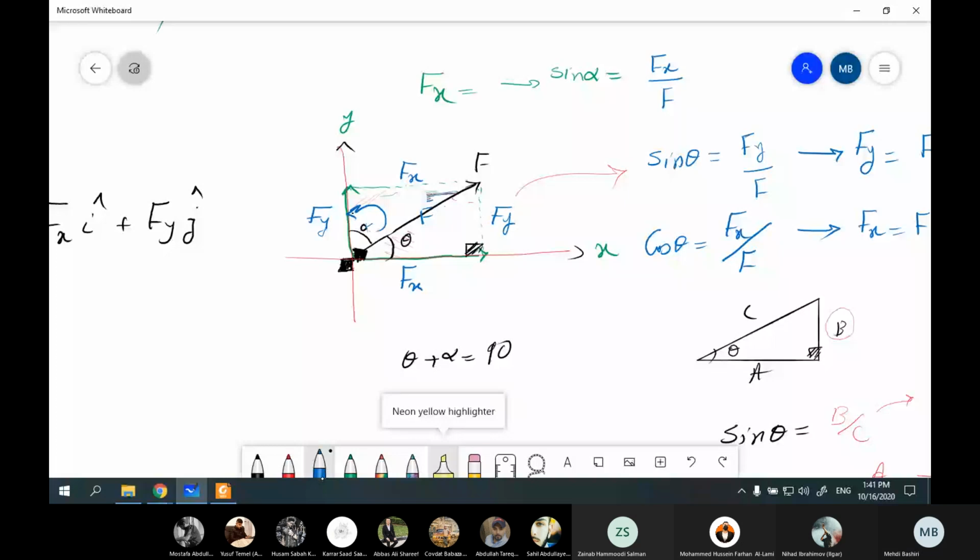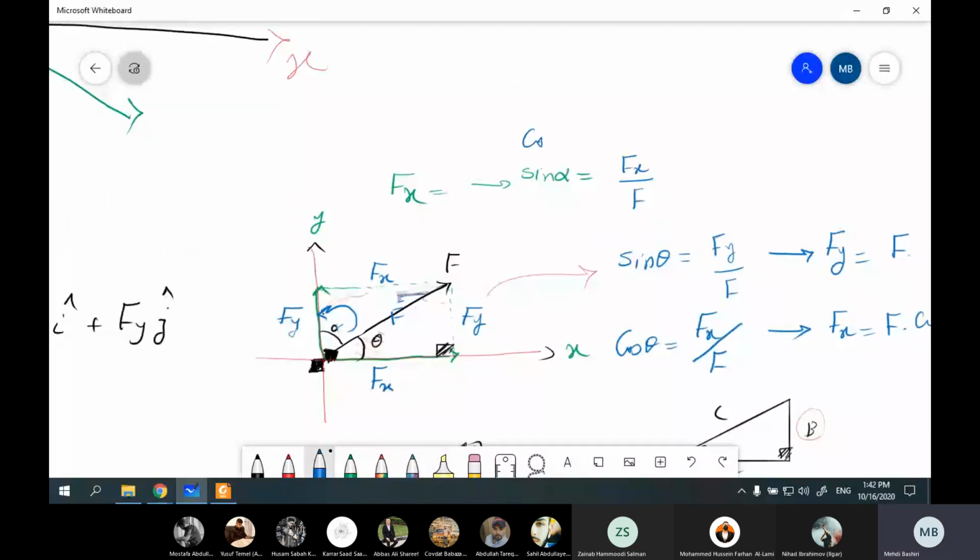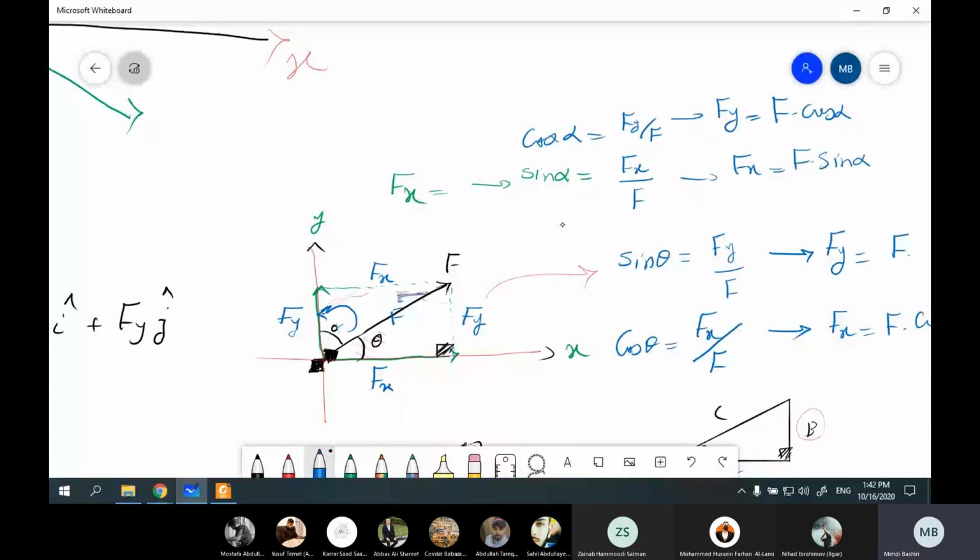So cosine of alpha is Fy divided by F. So Fy is F dot cosine of alpha, and Fx is F sine of alpha.